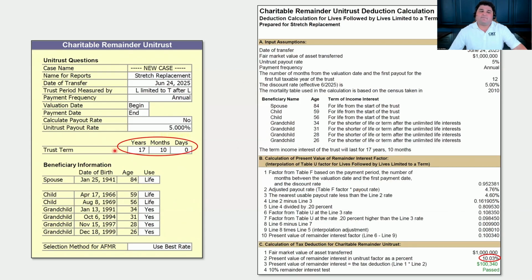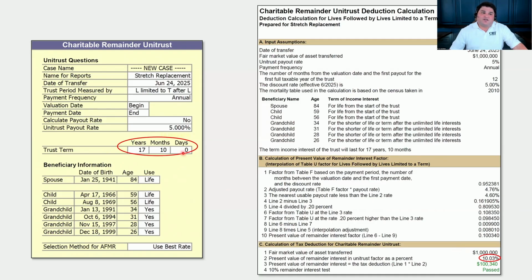One of the things I like about Easy Charitable is it will allow us to maximize that successor term to the day if we wanted. In this case, we're doing it to the month. But we can stretch that duration as far as we can to the absolute longest period possible before failing the 10% test. You can see here, we're just barely passing the test at 10.03%.